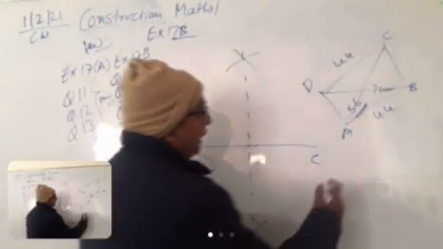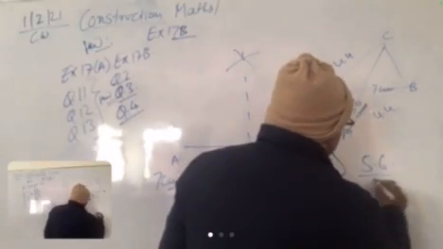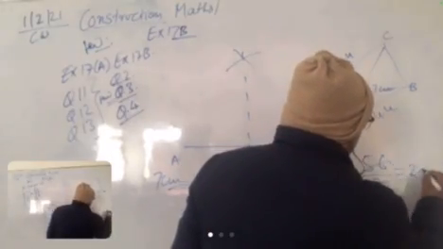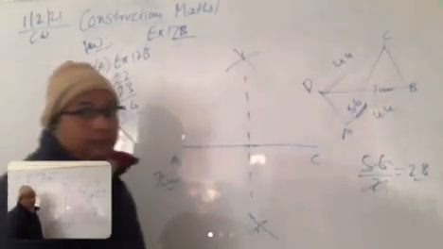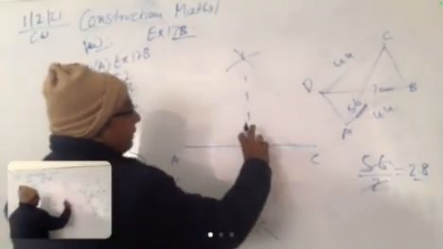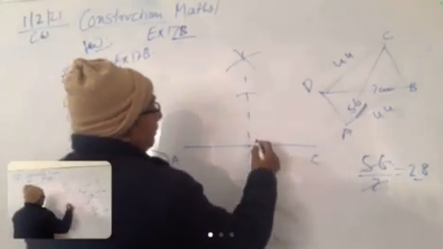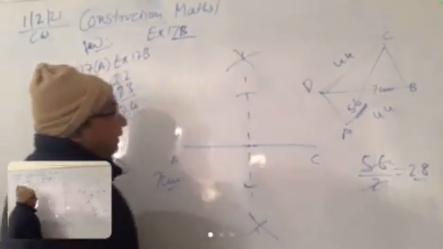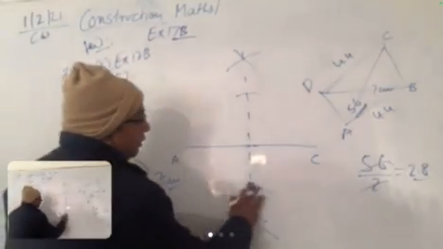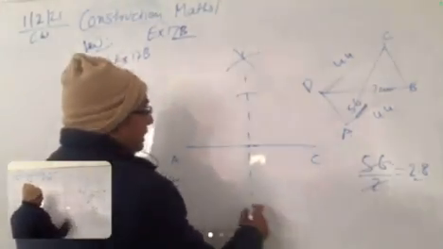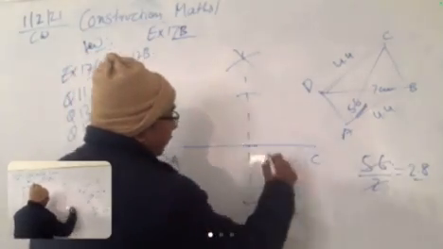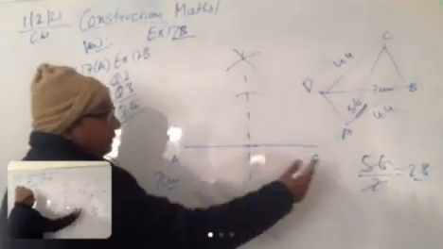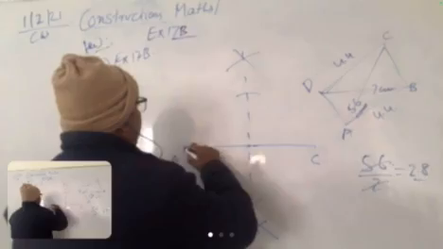So what is the half of 5.6? It's 2.8. So put the compass at the center and draw an arc. Take a radius of 2.8 centimeter and cut this perpendicular line segment. This is basically 2.8.